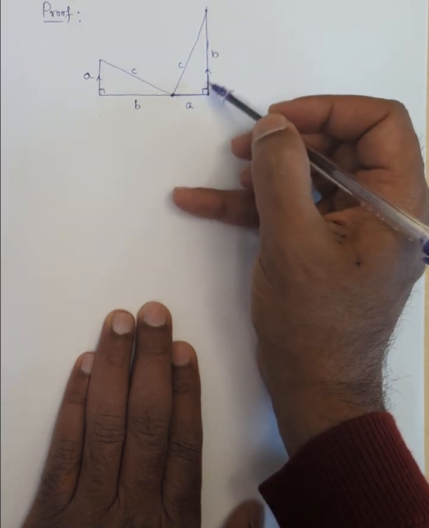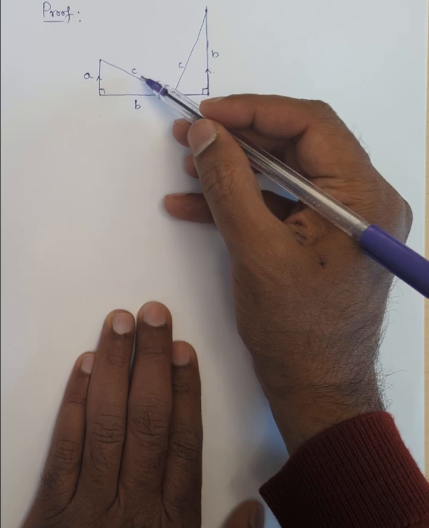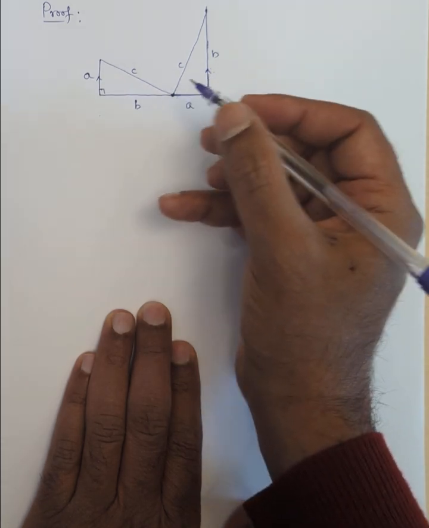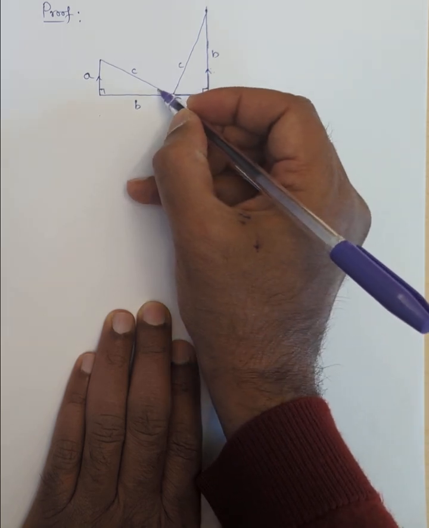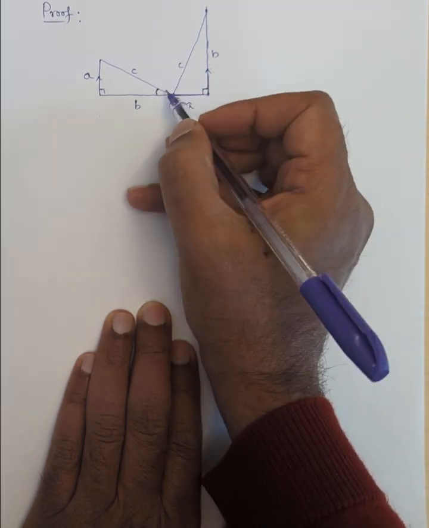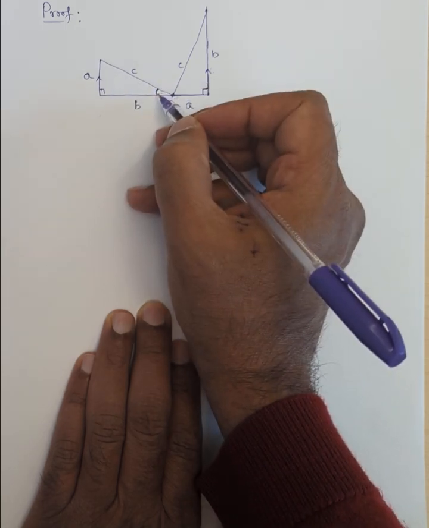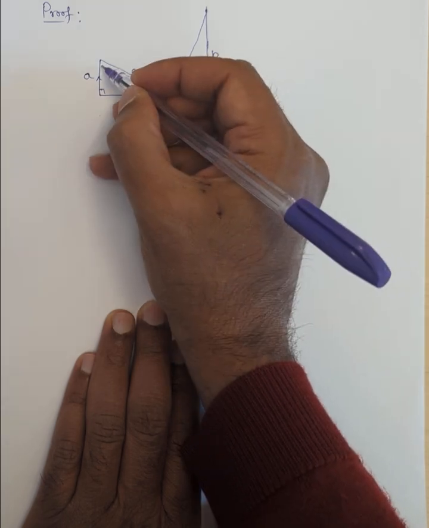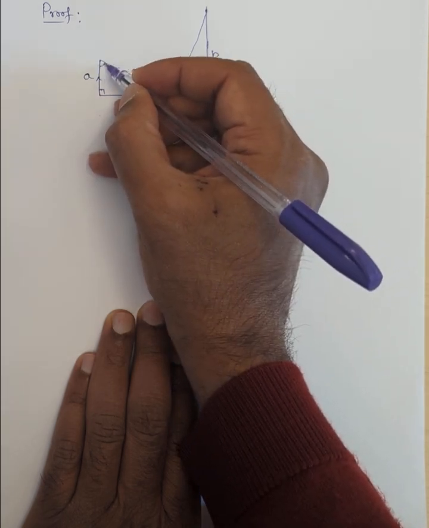And if these are A and B, then this is going to be C and that's going to be C. Now these two acute angles, let's denote by a single arc here and a double arc over there.